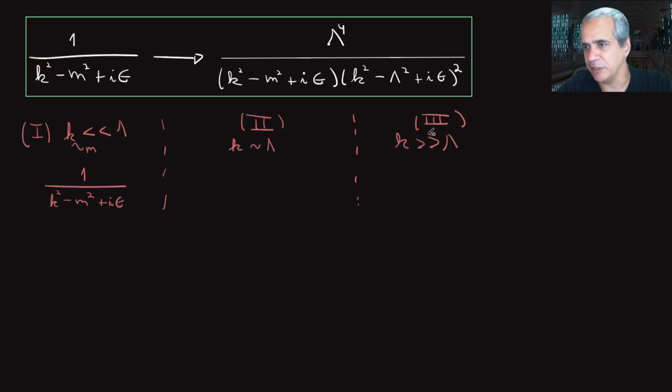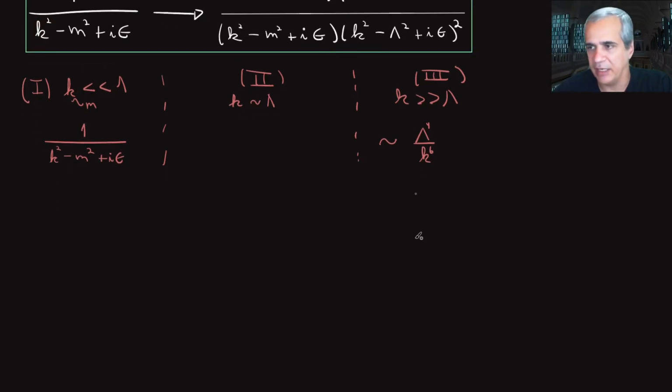And in that region, now you can ignore lambda here, and the mass too, and this guy will behave like lambda 4 over k to the 6, which rapidly goes to 0 for really big k. You can even check these numerically.